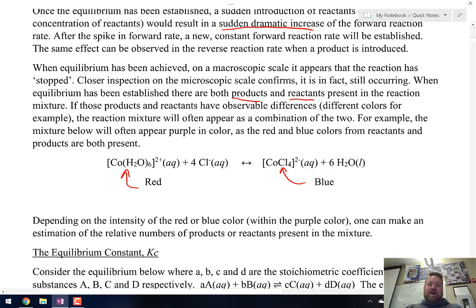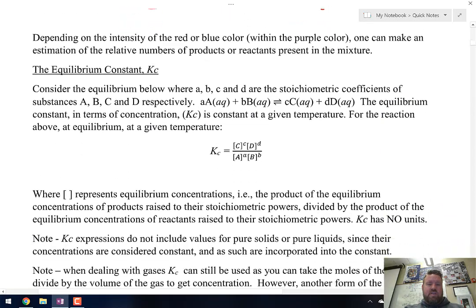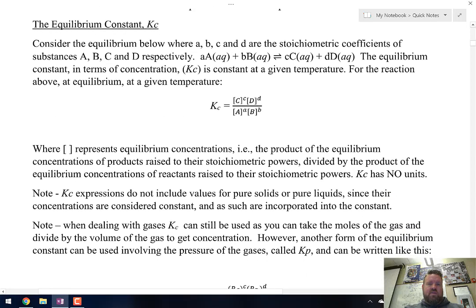So when the reaction's at equilibrium, you're going to see a combination of the two producing a purplish color. Depending on if it's a little bit more red or a little bit more blue, you could predict that there must be more reactant or more product, depending on if it looks more reddish or bluish.